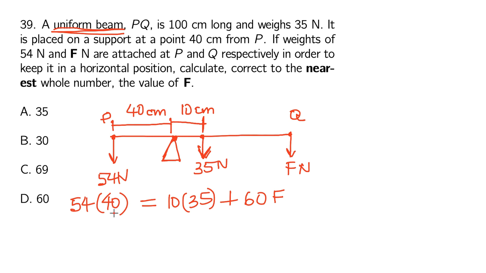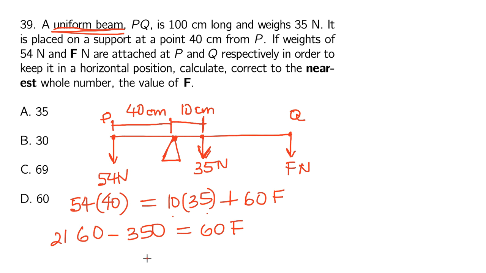What is that equal to? Well, 4 times 4 is 16, we have 1, 4 times 5 is 20, so 2160 equals, because we can bring this 10 times 35 to the other side, so we can write minus 350 equals 60f.